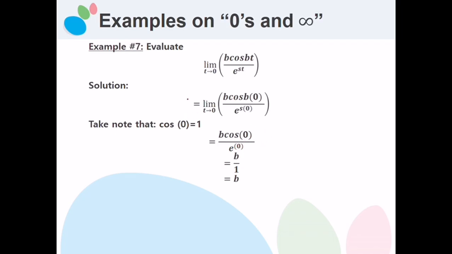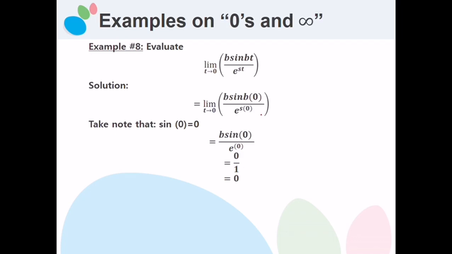Cosine 0 equals 1, so this is b times 1, and e raised to 0 is also 1. So b divided by 1, and our answer is b. Therefore the limit of b cosine bt divided by e raised to st, wherein t approaches 0, is positive b.